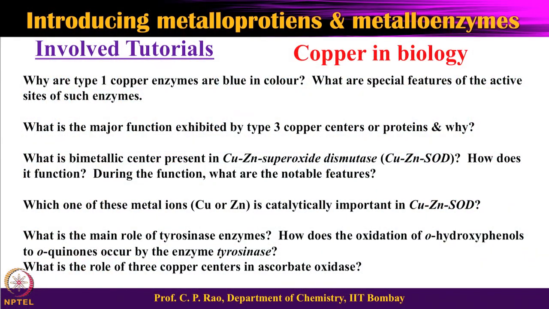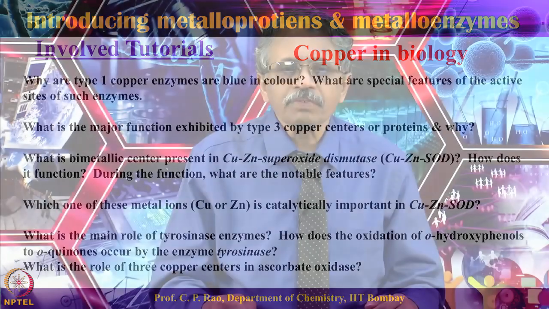no bridging. Now, when the oxygen comes into the picture, the oxygen will be activated between the 2 coppers by giving 1 electron each and making it O2 2 minus, and the coppers will get oxidized to the corresponding copper 2 plus. The tyrosine or hydroxyphenols which bind at the copper center will be oxidized by this.